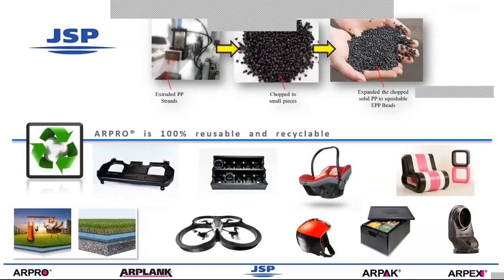On the top left corner, you can see the polypropylene is extruded in strand format. In the next stage, it's chopped into smaller pieces, which we call mini pellets. Then with a special process, we expand those pellets into small EPP beads. This is the raw material. Depending on the expansion of the beads, we can achieve different densities of EPP.